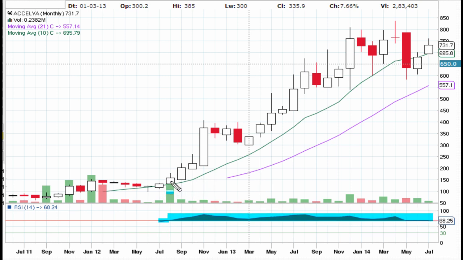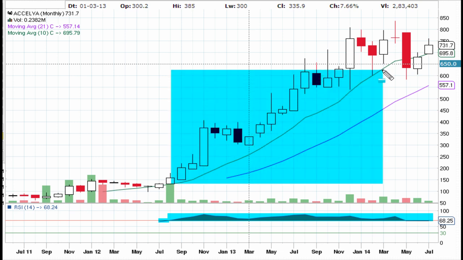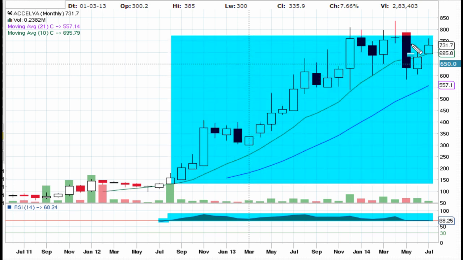This is good for this period here where the stock moved from a price of 150 all the way to current price levels, and it's gone as high as 840, somewhere in that range. So just because the RSI stayed above 69.10 is the reason why the stock has held and has been moving higher over time, because the RSI has held above 69.10, and that is why you need to look for stocks that show that kind of strength.